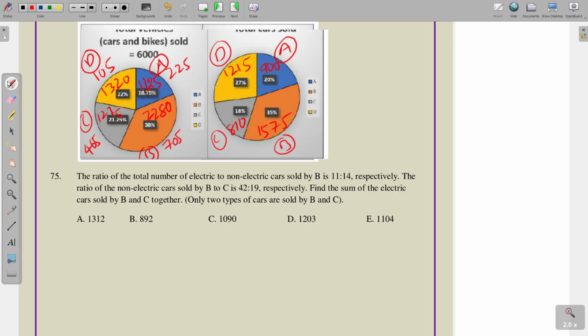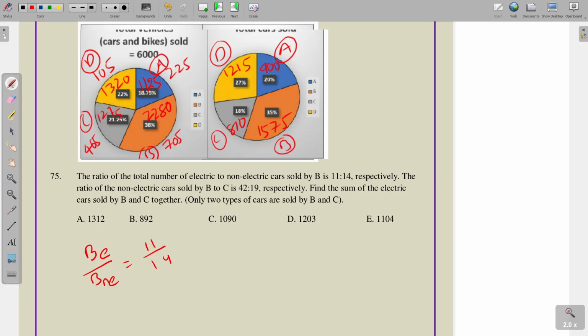the ratio of total number of electric to non-electric cars sold by B. B electric, B non-electric, that is 11 by 14 cars. The B cars is 1575. Electric and non-electric cars total is 25 parts.